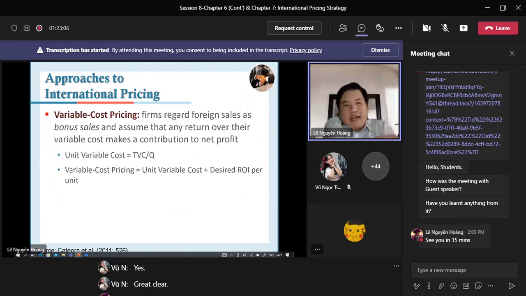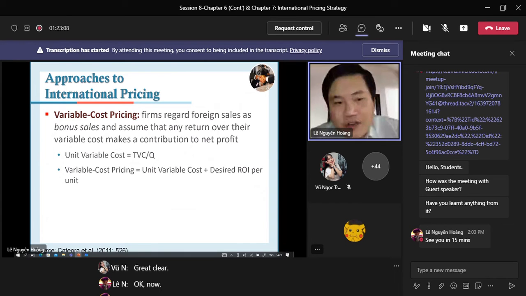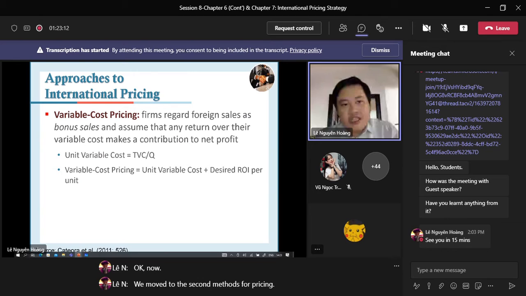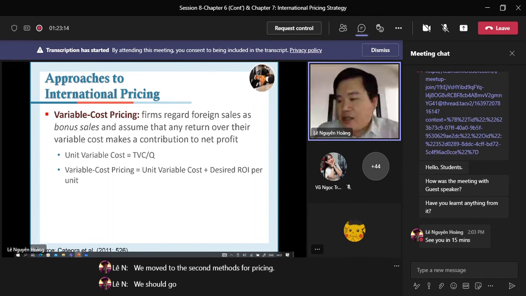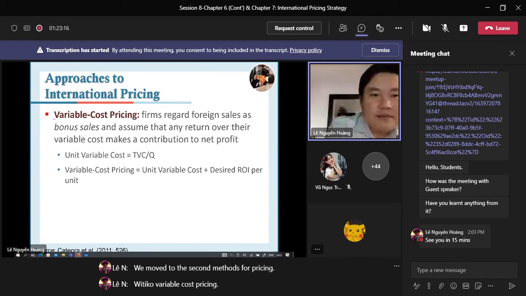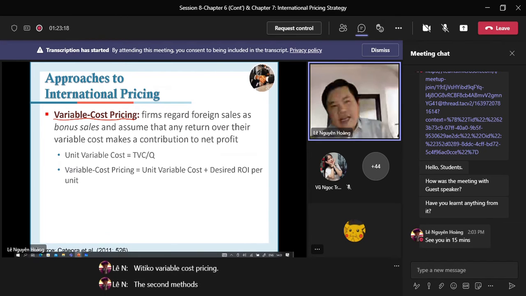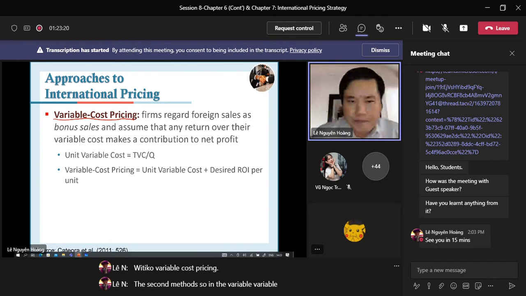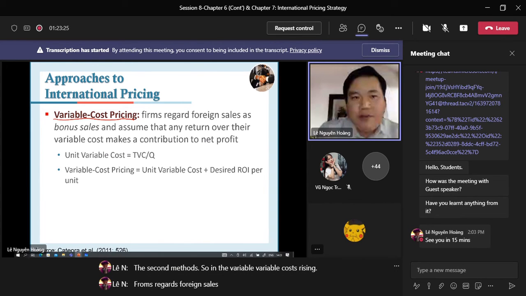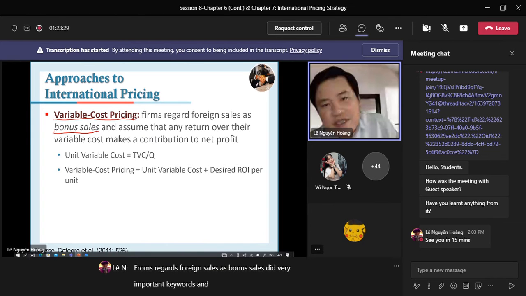Now we move to the second method for pricing, which is called variable cost pricing. In variable cost pricing, firms regard foreign sales as bonus sales. These are very important keywords. They assume that any return over their variable cost makes a contribution to net profit.